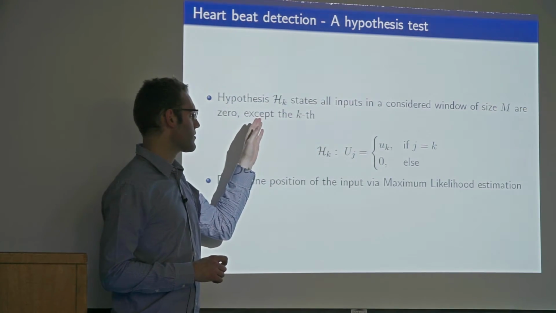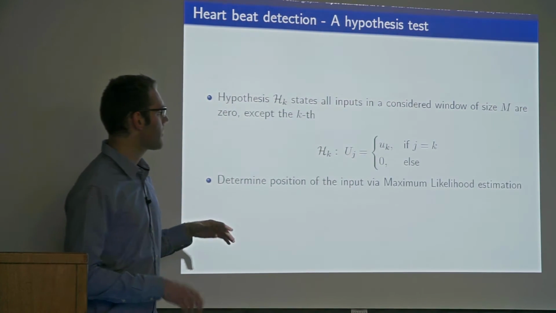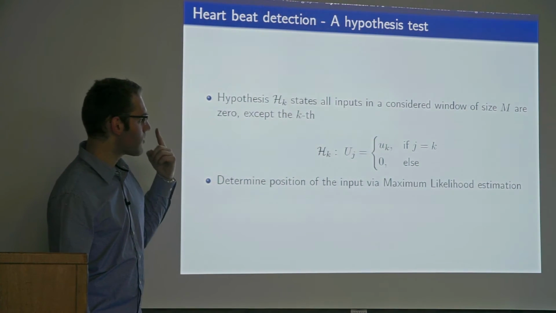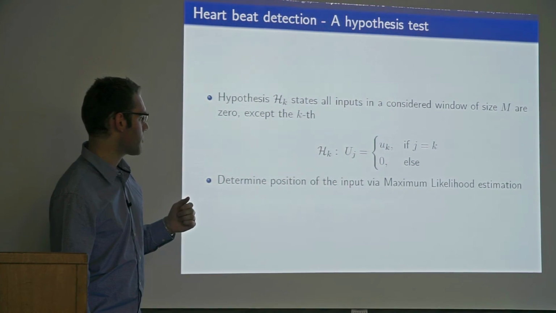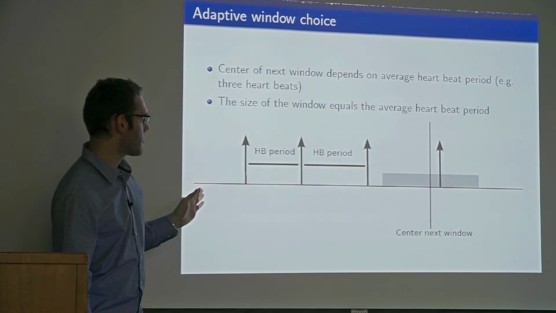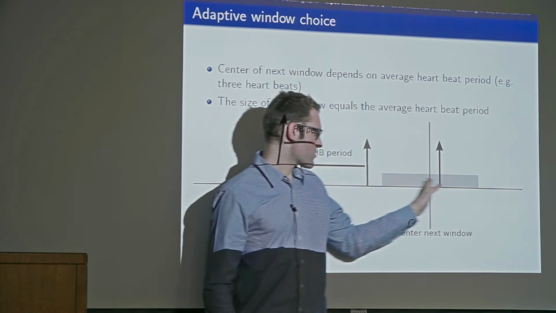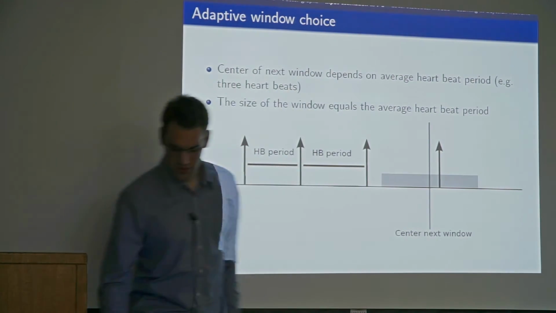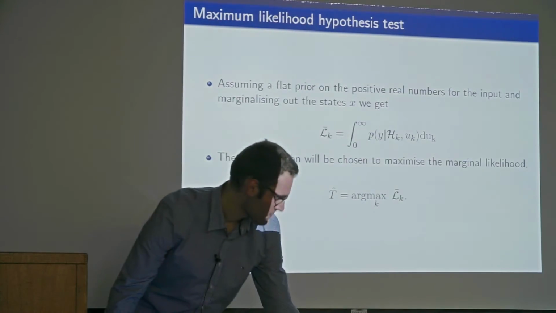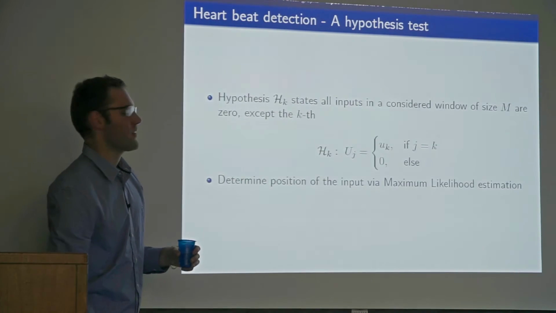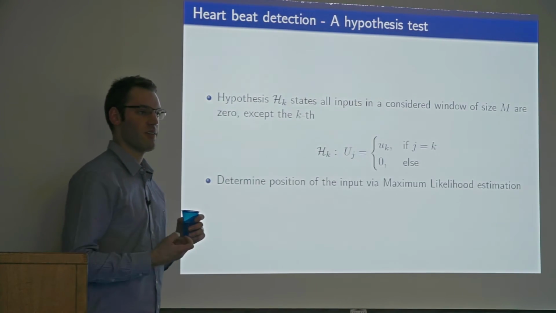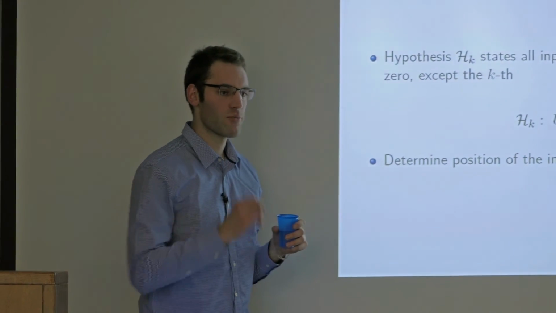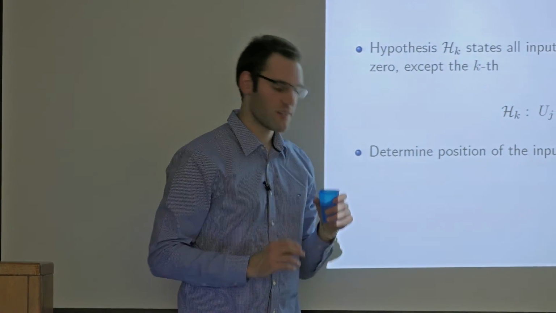So we have a hypothesis test. We have k hypotheses. Hypothesis Hk says that if you consider a window, there's supposed to be only one heartbeat in this window. So if we take a look at this picture, we have this potential window where the heartbeat could be, and we want to find the one position where it is. In this case, we assume quite healthy heartbeats, but it's just to get an average heart rate in this bed, so we don't want to have high precision medical devices.